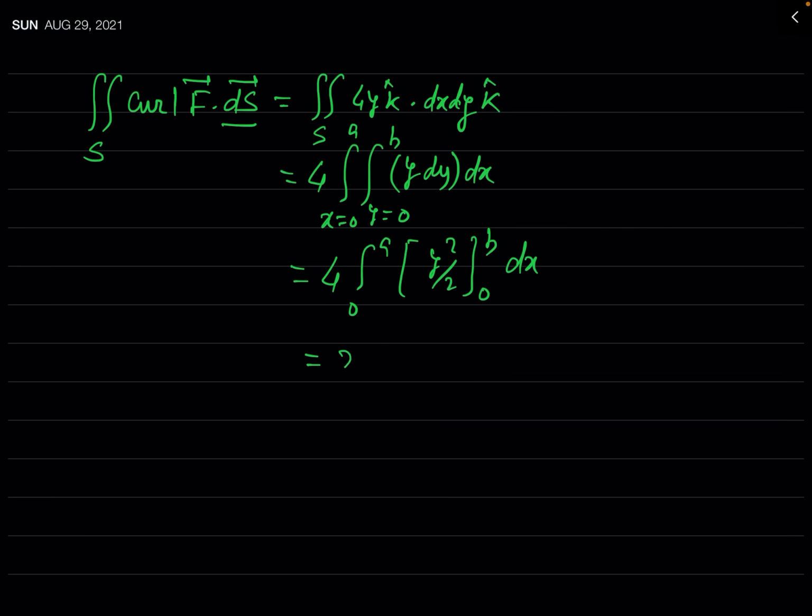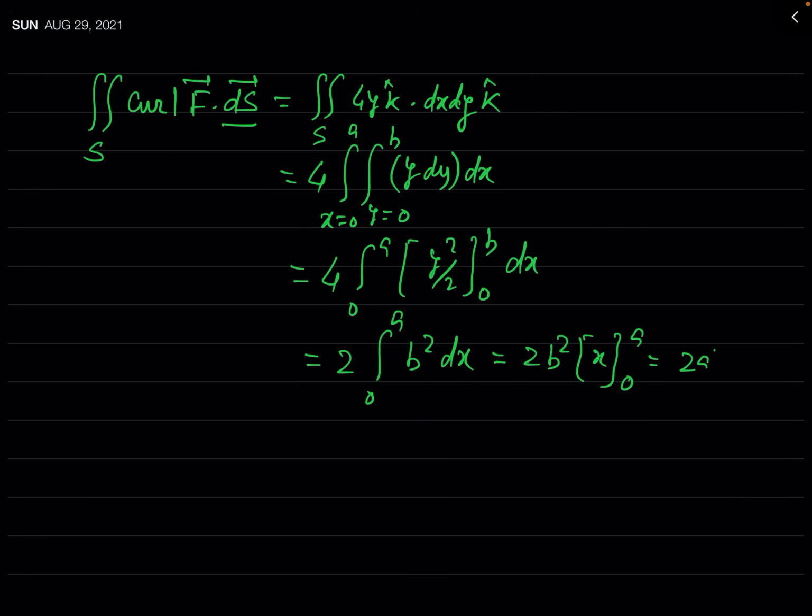Now you can see this will be 2 integral 0 to a, b square dx, and this will be equal to 2 b square x, limits are a and 0.